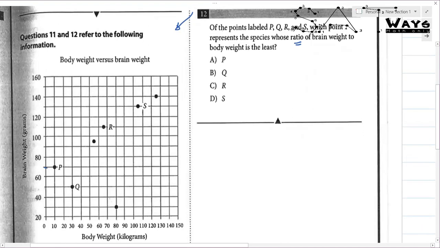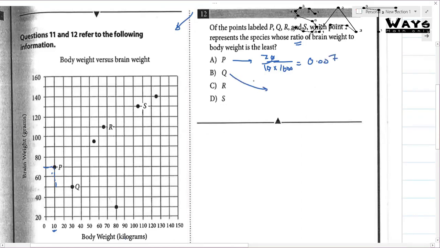Here it's 70 over 10, but not just 10, it's 10,000. Why? Because it's 10 kilograms, and we want to make it grams. So 10 kilograms multiplied by 1,000 is going to be grams. So it's going to be 7 over 1,000, which is 0.007.